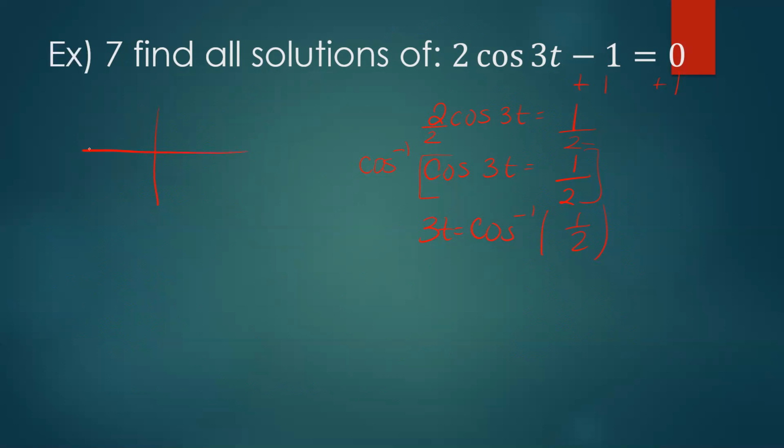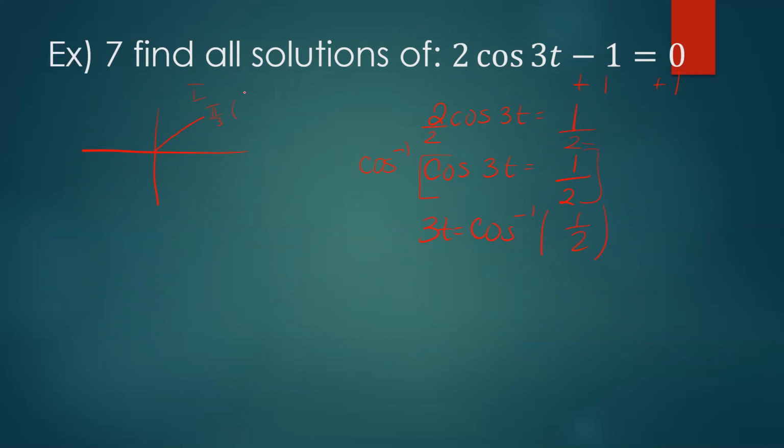So here's your unit circle. Where's cosine positive 1/2? That'd be in quadrant 1 and quadrant, not 2 or 3, but quadrant 4, right? That would be pi over 3.